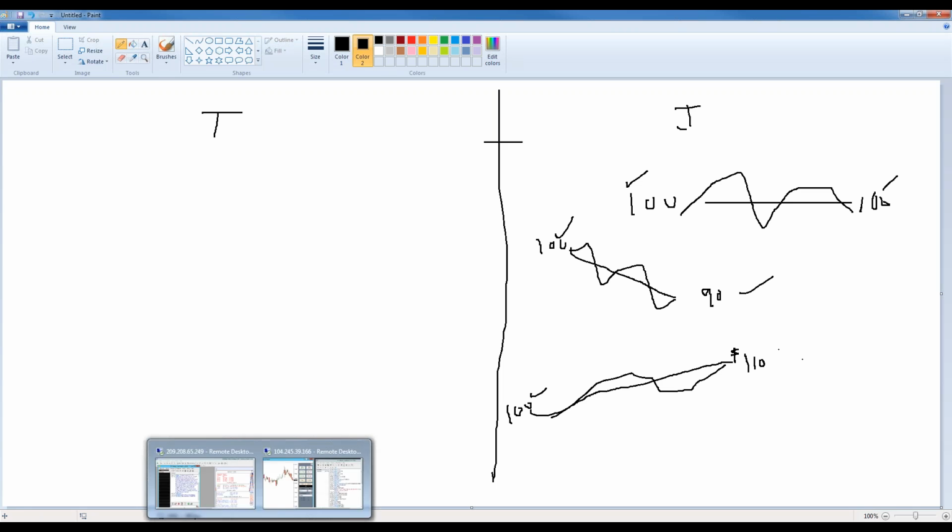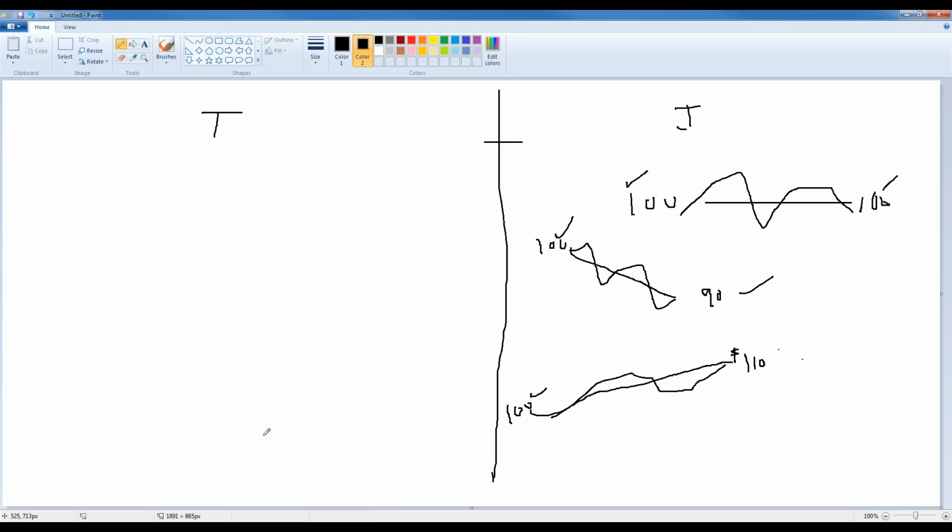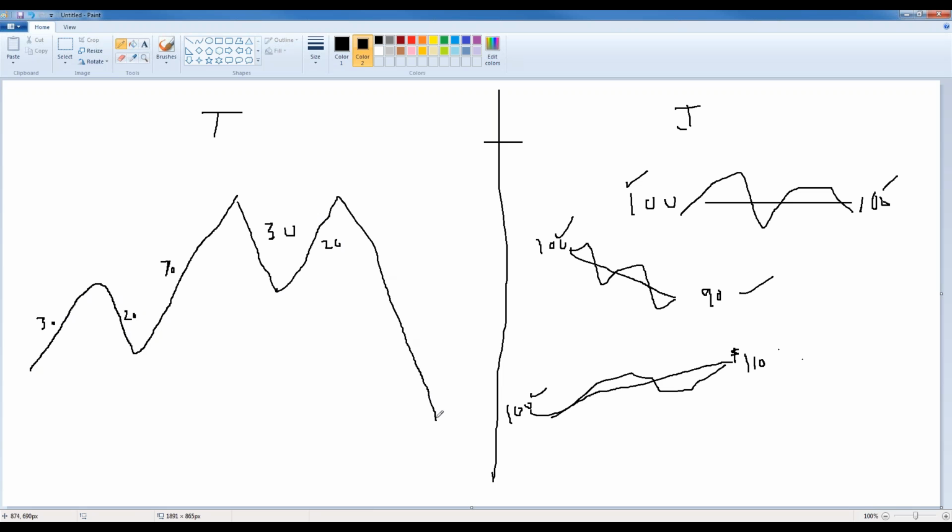Trading is interesting. For instance, you have the opportunity every single day, and the market may go up 30 pips, down 20 pips, up 50 pips, up 30, down 20, up 70, down 30, up 20, down 70.